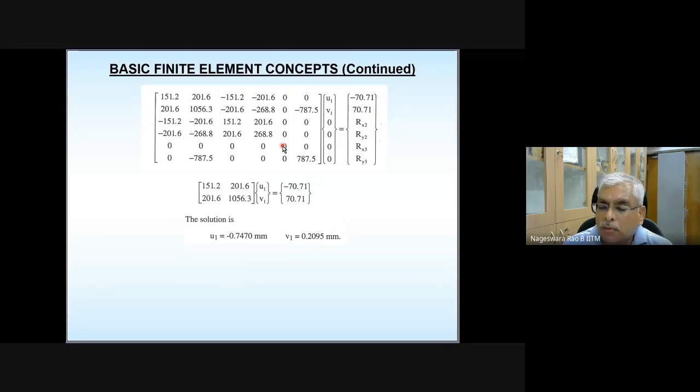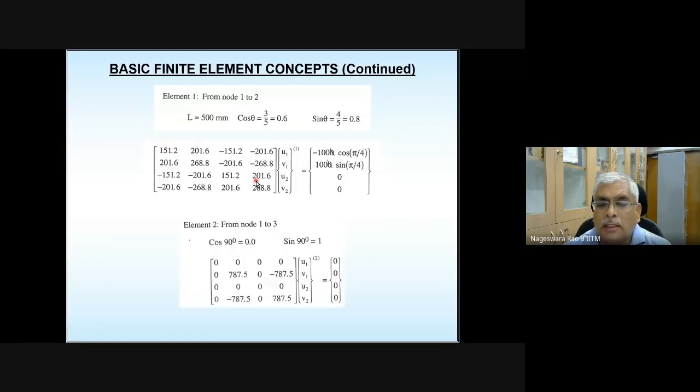And let's say in the 20 by 20 only one node is free, all other nodes are fixed. Then it's not going to make sense to assemble this global stiffness matrix. If you can do all those calculations in your head, you can directly write the reduced stiffness matrix, which happens to be 2 by 2.